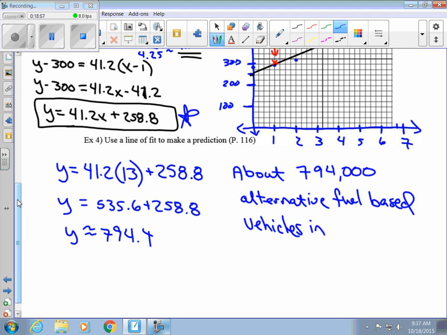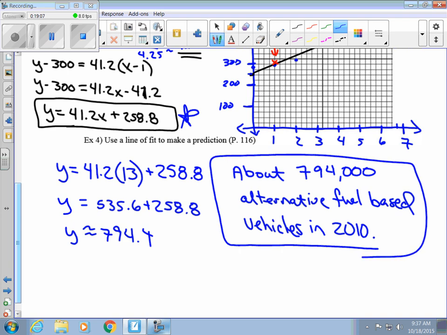So once you have your equation of best fit, then you're just going to plug in your data to find out what numbers they're looking for there.